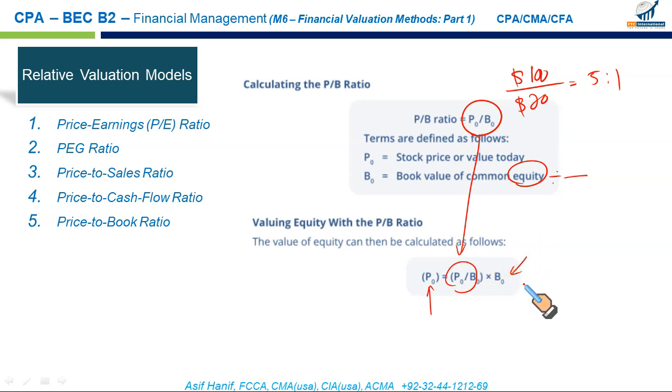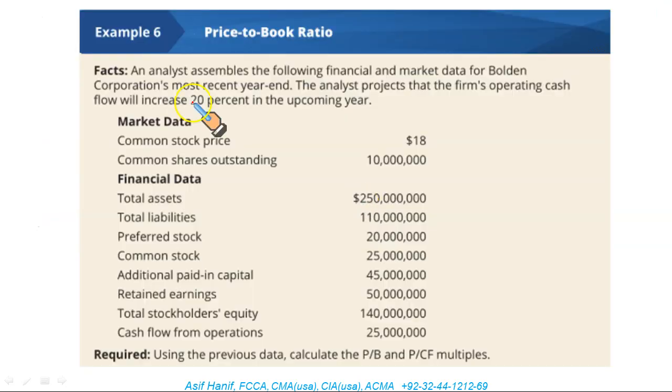And let me help you calculate this. Let's take an example and explain how we can estimate the price using the PB multiple. An analyst assembles the following financial and market data for Bolden Corporation's most recent year end. The analyst projects that the firm's operating cash flows will increase by 20% in the upcoming year. This is important.